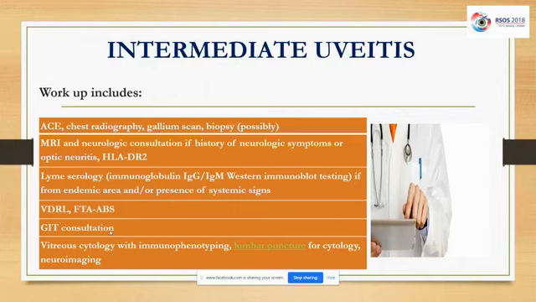As we mentioned before, Venereal Disease Research Laboratory test and fluorescent treponemal antibody tests for suspected syphilis, gastrointestinal tract consultation if you are suspecting inflammatory bowel disease, and vitreous cytology with immunophenotyping and lumbar puncture for cytology if you are suspecting intraocular large cell lymphoma.